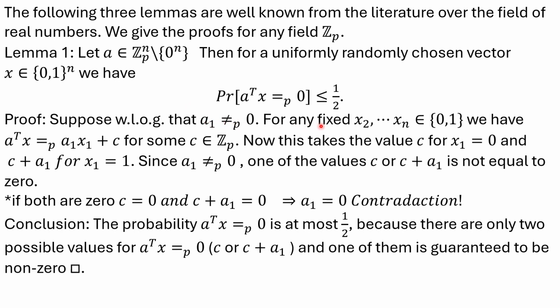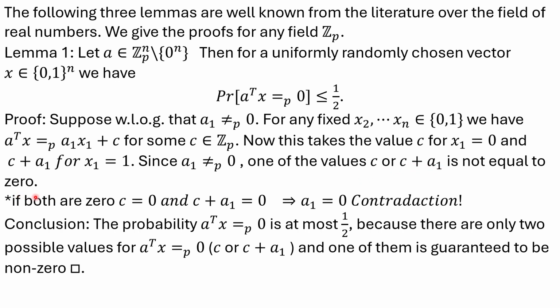For any fixed x2 to xn, we have A transpose X equals A1 x1 plus C for some C. Now, this takes the value C for x1 equals 0, and if x1 is 1, we have A1 plus C. Since A1 is not 0, one of the values C or C plus A1 is not equal to 0.